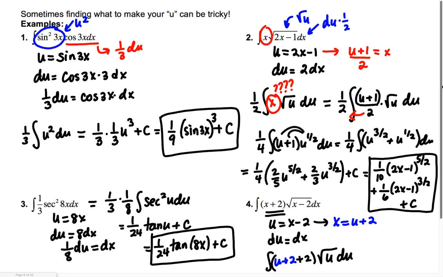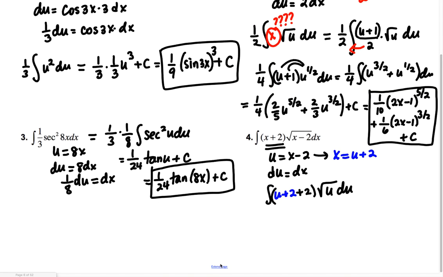So what happens here? So we have u plus 4 times the square root of u, which is u to the 1/2. Do you guys see what I'm saying? When I say that's easy to multiply in, we just add our powers. That's the goal. So we get u to the 3/2 plus 4u to the 1/2, and we do know how to integrate that.